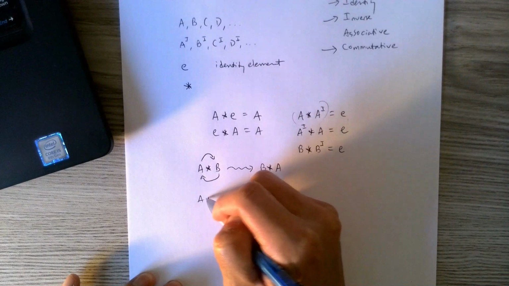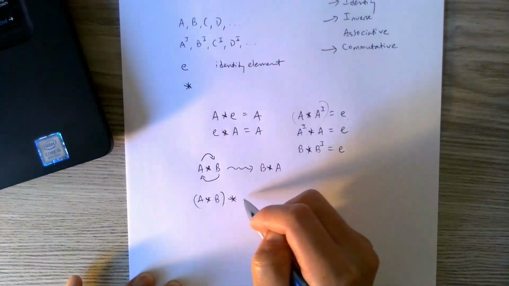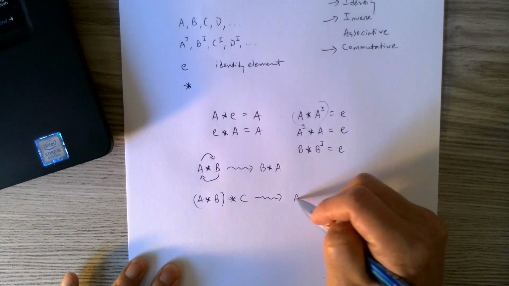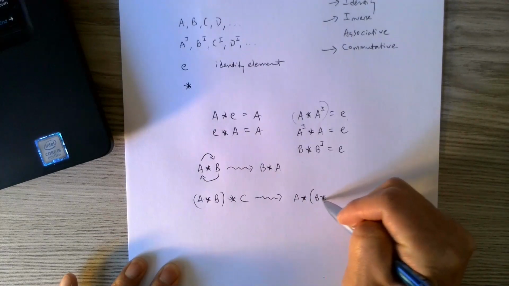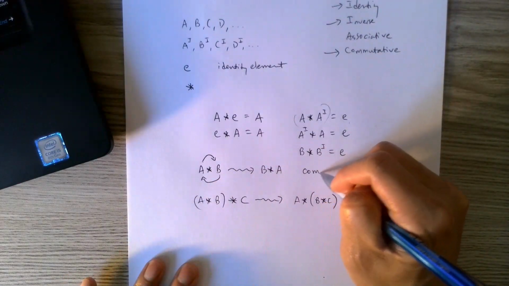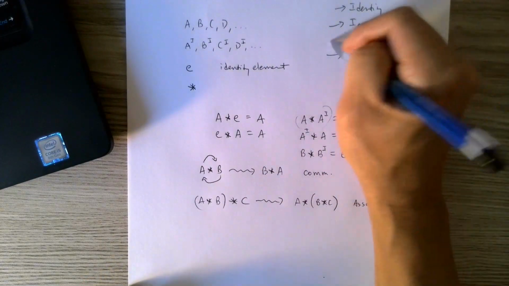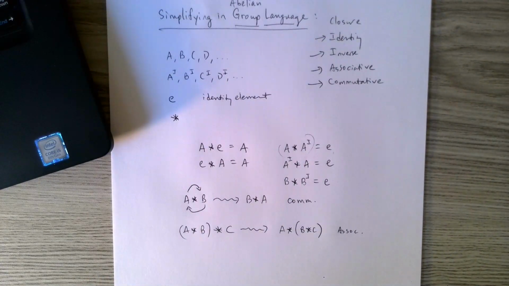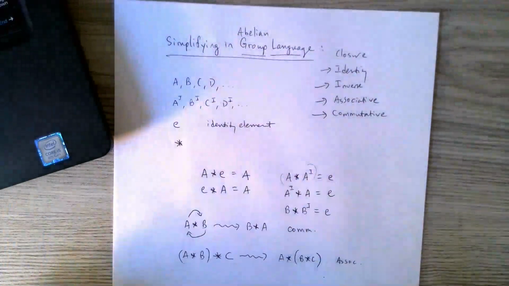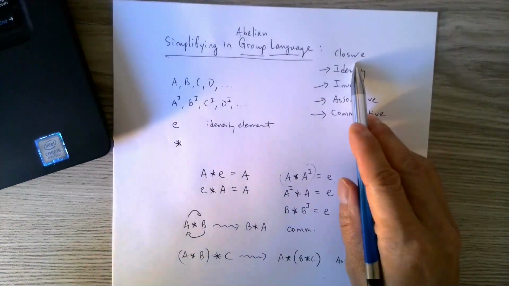If you see any two elements starred together in parentheses, and then that starred with something else, you may change that into this if it helps you. You can do this because of commutative property. You can do this because of associative property. Okay? And then closure doesn't really come into play when we're simplifying things, but just know that we are working in a group and therefore the group is closed.